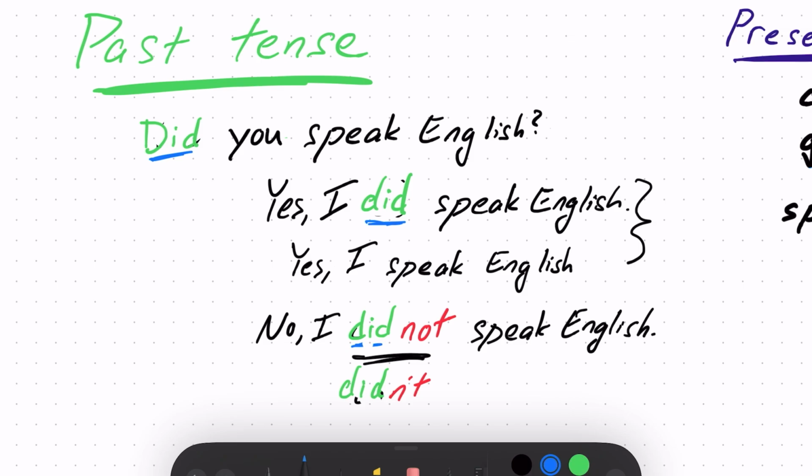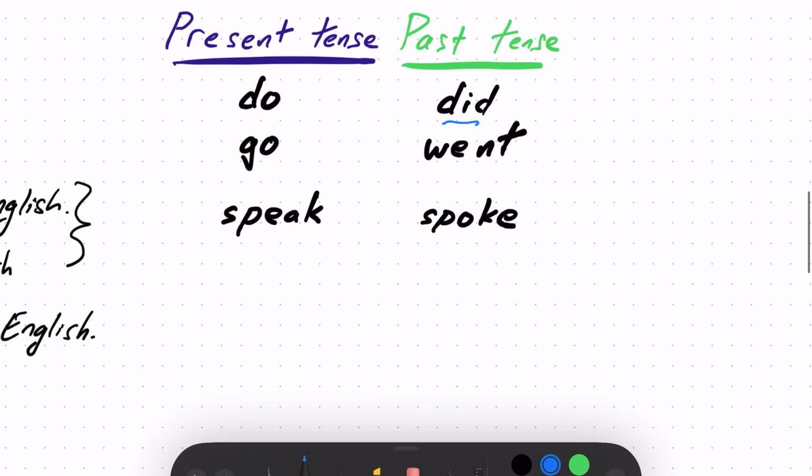But we have a problem here. In this second example, first I said, yes, I did speak English. I used did. In this one, I did not use the word did. And the word speak is still in the present tense. So if we answer yes and we choose not to say the word did, we have to change this word into the past tense. Past tense of speak, we want to use the word spoke.